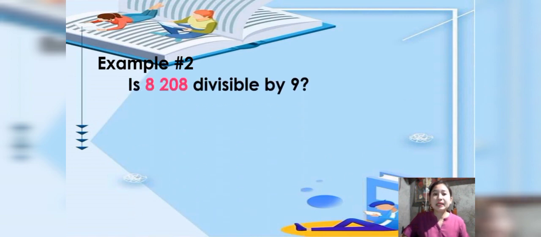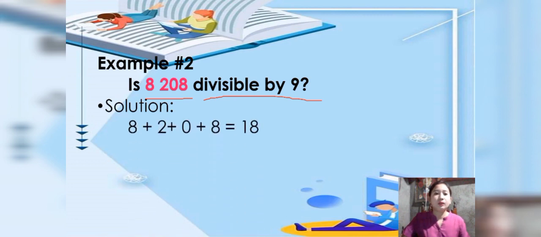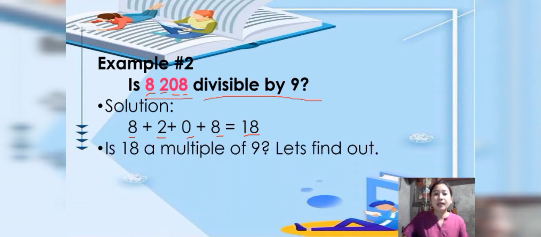Another example is, is 8,208 divisible by 9? Here's the solution. We now add together those digits. 8 plus 2 plus 0 plus 8, the sum is 18. Now, is 18 a multiple of 9?